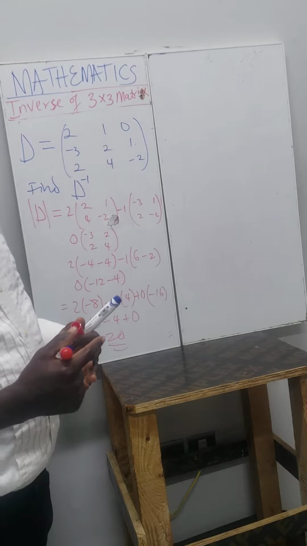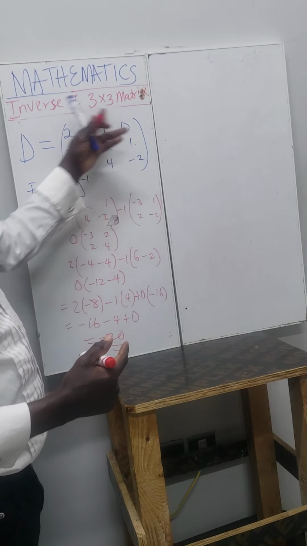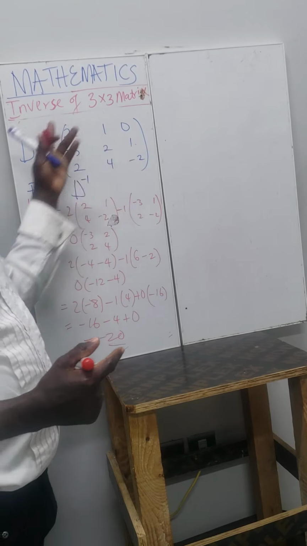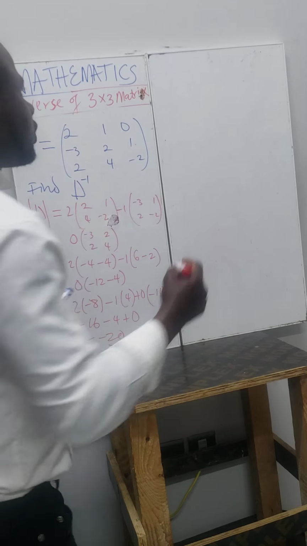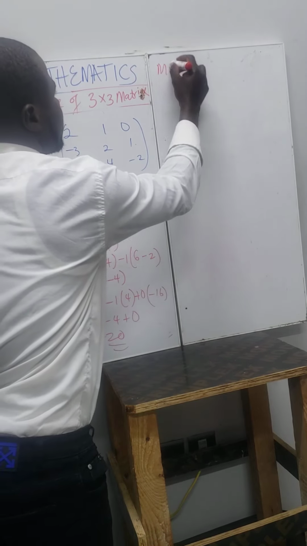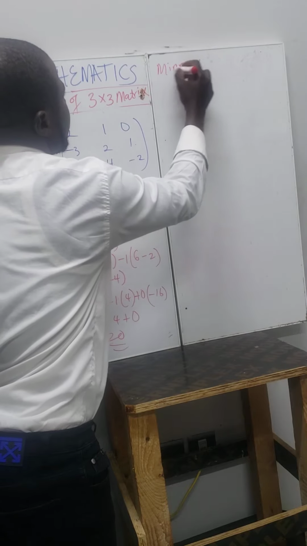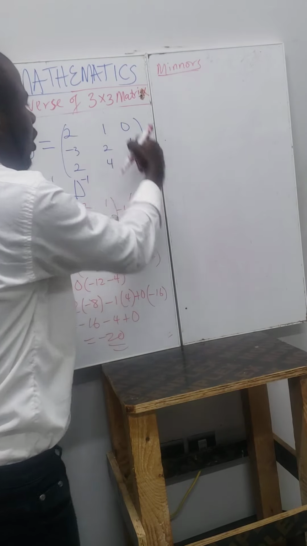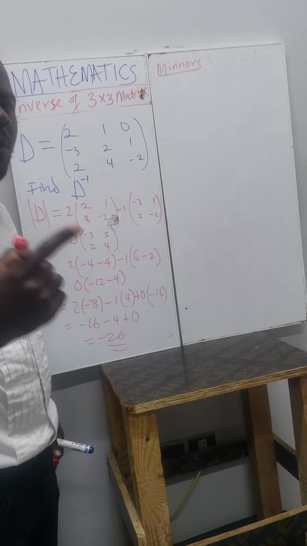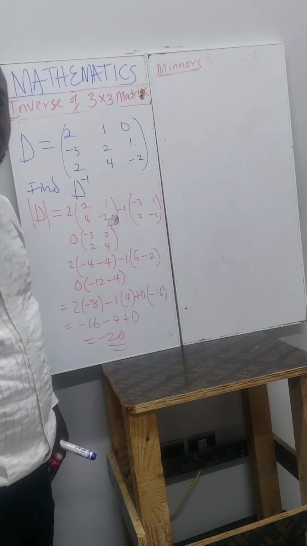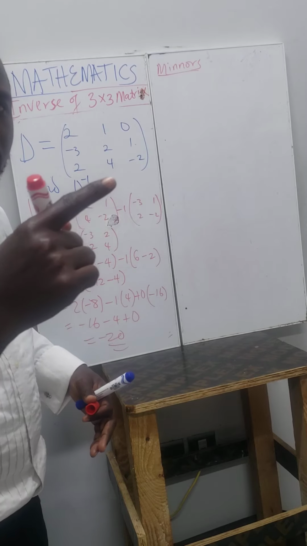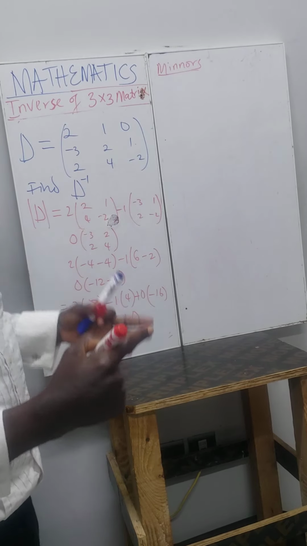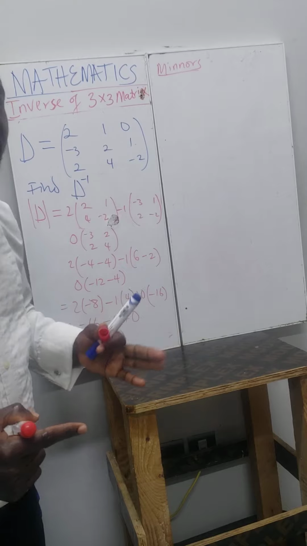Then step number 2 is finding the minors of this matrix D. And how do we find minors? To find minors, we have to take each of these elements one by one. When we are taking each of them one by one, we block all other elements along the same row, then all other elements along the same column.